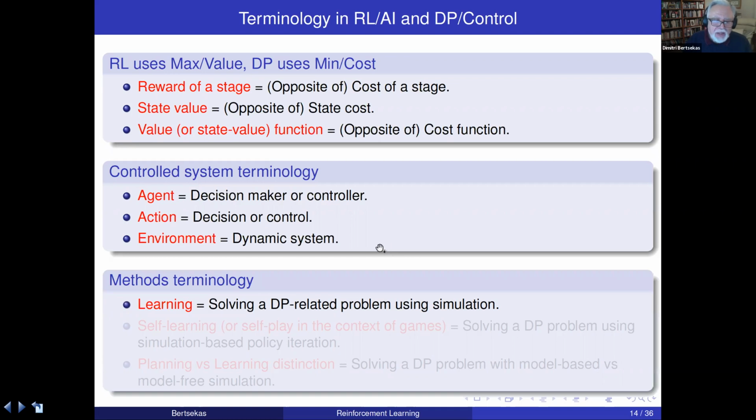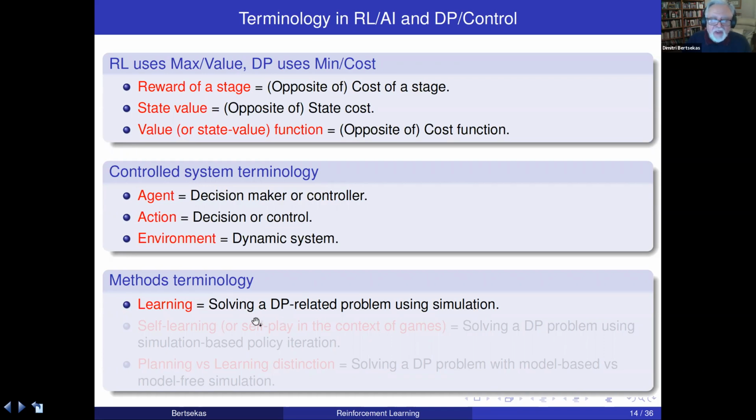Here are some examples of different terminology that we use for various methods. The term learning is used in reinforcement learning. It's part of the name, and it's also used with many different meanings. Usually, it refers to solving a dynamic programming related problem using simulation.